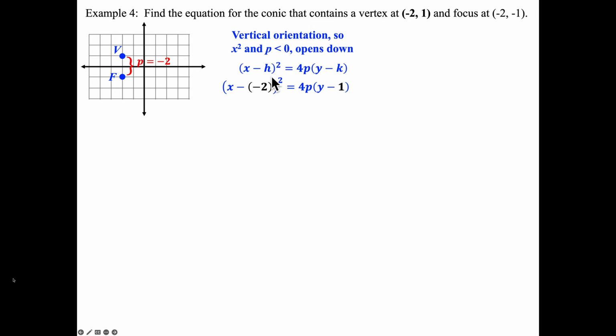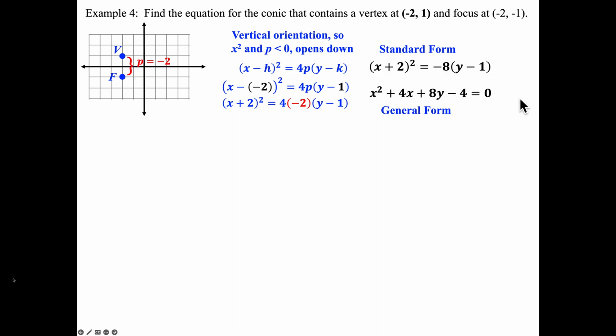Oops, got to plug in the negative 2 there. There we go. So when we're all done, quantity x plus 2 squared equals negative 8 times y minus 1. If they want it in standard form, there it is. If WebAssign says they want it in general form, then you got to FOIL this out, distribute the negative 8, and set the whole thing equal to 0.